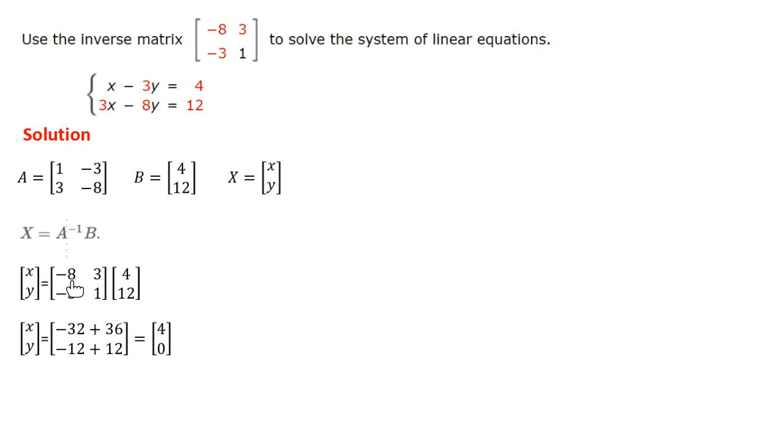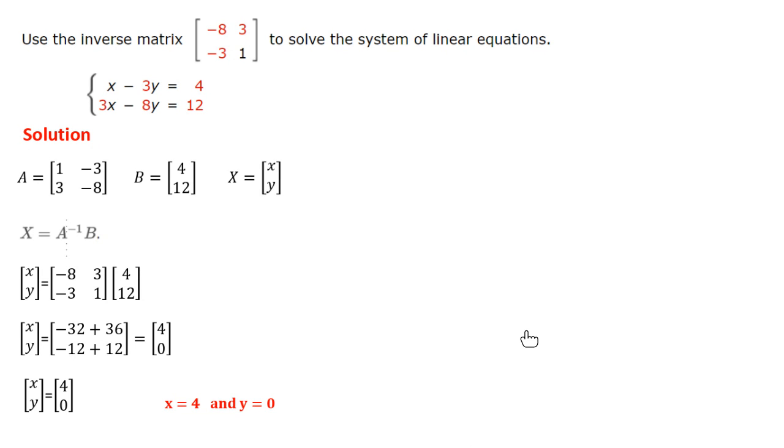Okay, so remember -8 times 4 is -32, and 3 times 12 is 36. -3 times 4 is -12, and 1 times 12 is 12. -32 plus 36 is 4. -12 plus 12 is 0. So what this is telling us is that X is equal to 4 and Y is equal to 0. Okay?